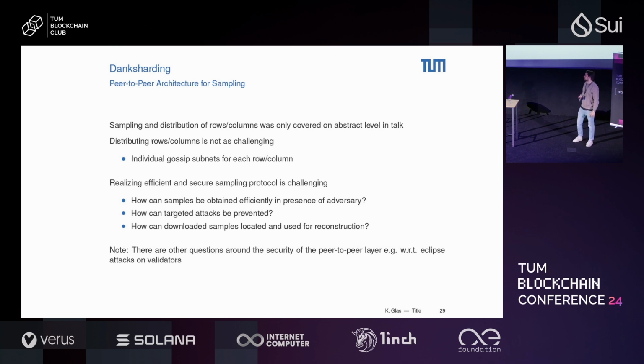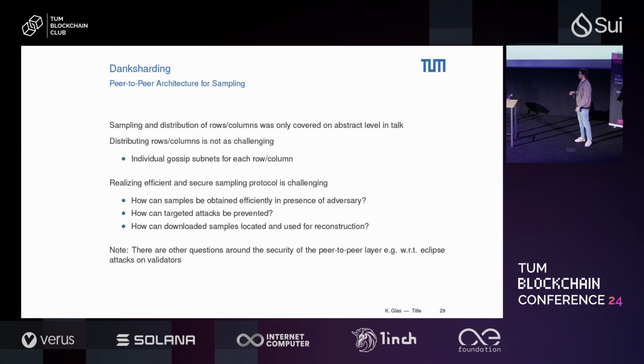And of course, if you perform the sampling and this distribution of the data, there needs to be some peer-to-peer protocols in place that support this, that allow us to find samples, for instance, or that allow us to later on reconstruct data. And for distributing rows and columns, this is not too challenging. For instance, we could simply say, okay, we have a gossip subnet for each row and each column.